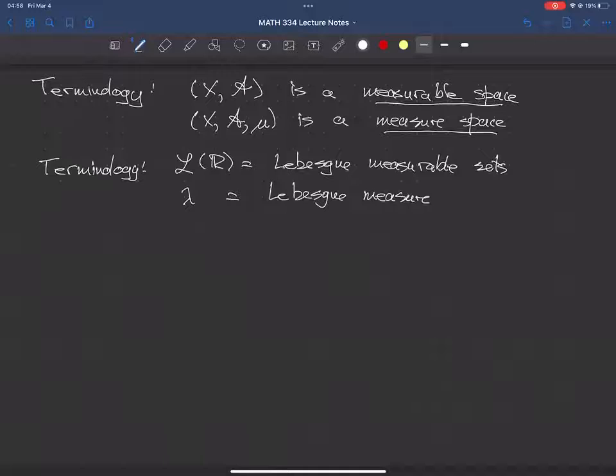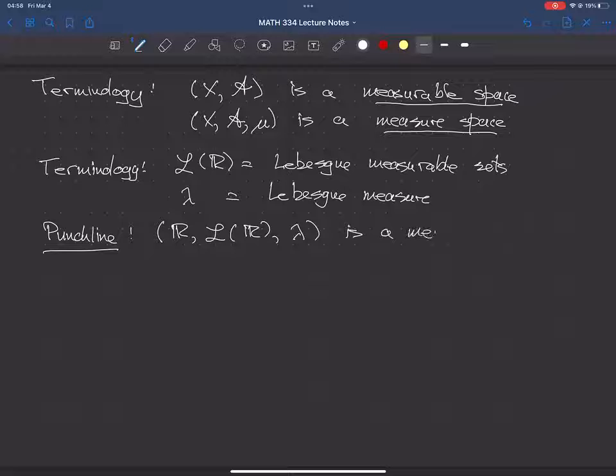And so where we've arrived is we have a measure space. And a measure space is a thing which you can use to define a theory of integration, and that's what we're going to do next time.